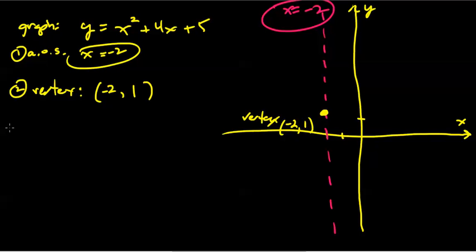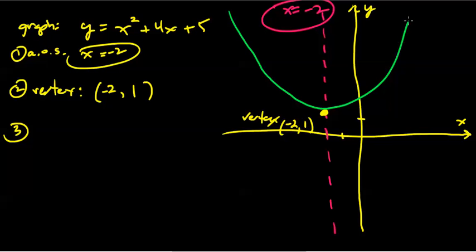Well, let's talk about the symmetric points. Well, I think you'll agree with me, let me show you something here. If my vertex is at -2, 1, and if I have a concave up parabola, and I know it's concave up because my lead coefficient is positive, there will be no x-intercepts.